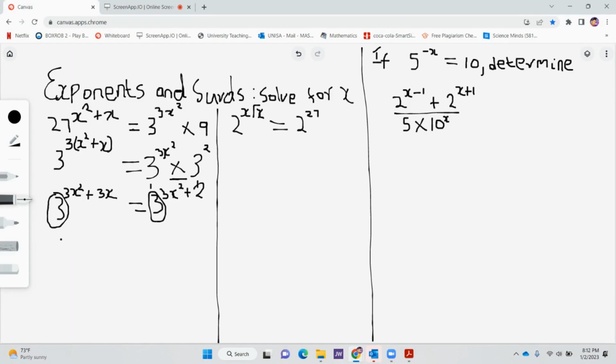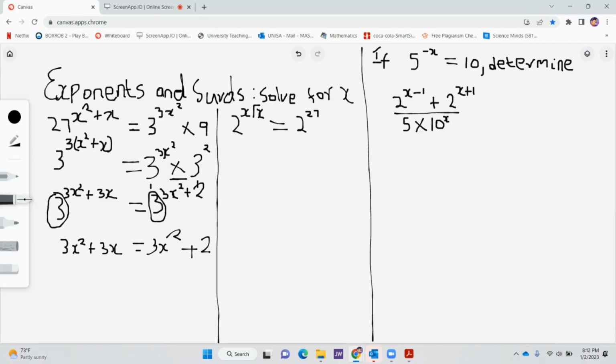So that means the exponents then are 3x squared plus 3x equals 3x squared plus 2.